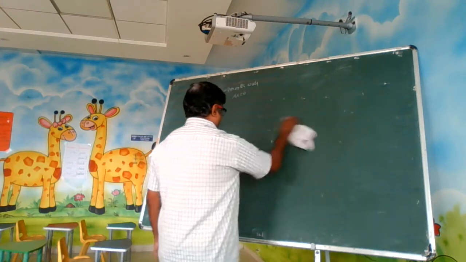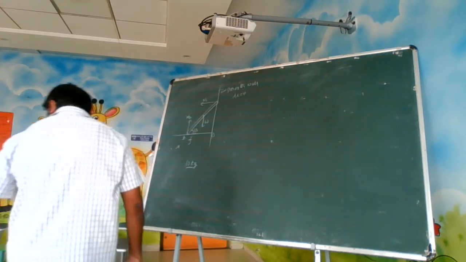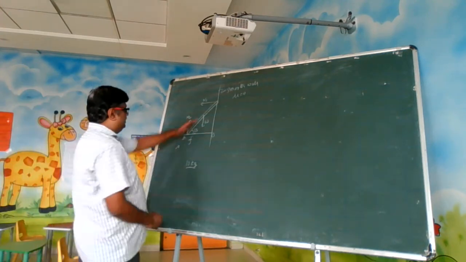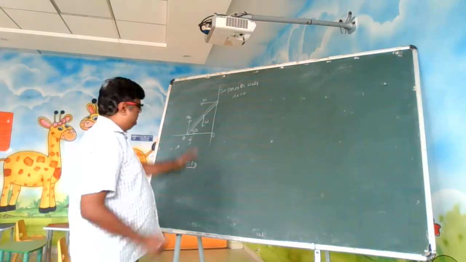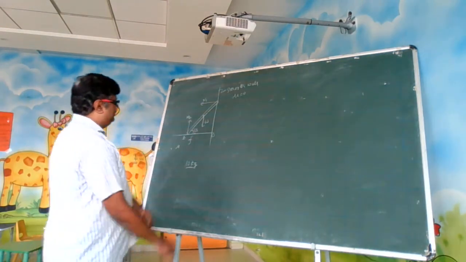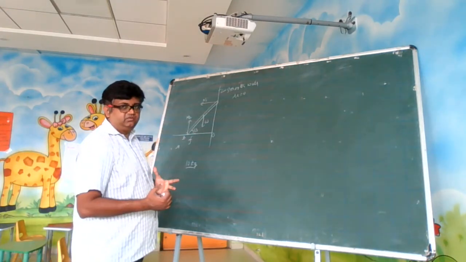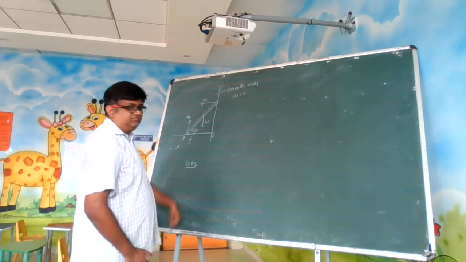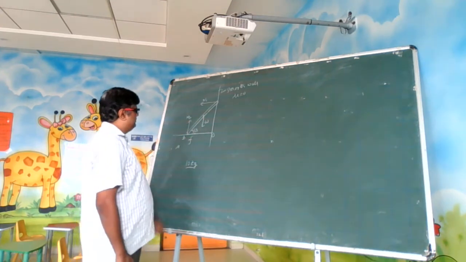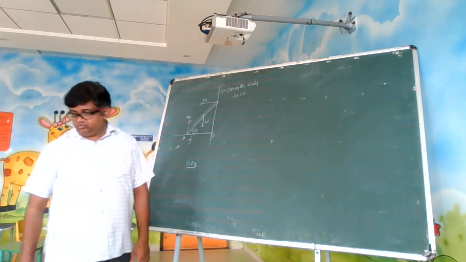Okay. So how to proceed with this question? Look here. Now the ladder is standing, which means it is in equilibrium. The ladder has its own mass, so its own weight will act at the center of gravity.